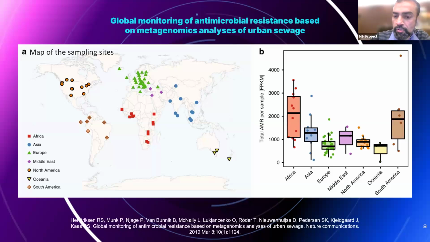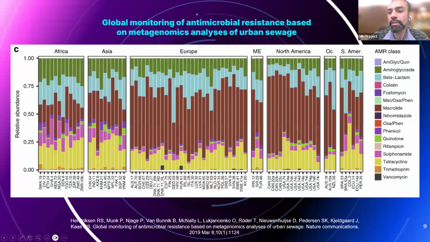So with urban sewage water, antimicrobial resistance, and the presence of antimicrobial resistance genes, definitely we are interested in what type of antimicrobial resistance class is present in all of these samples.